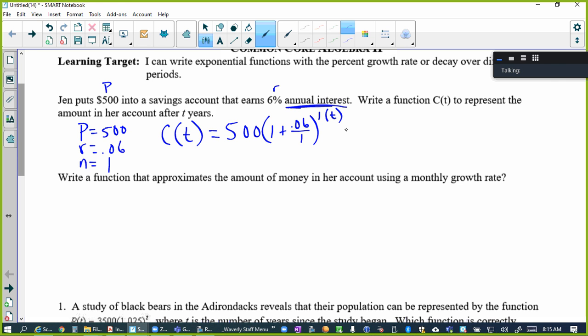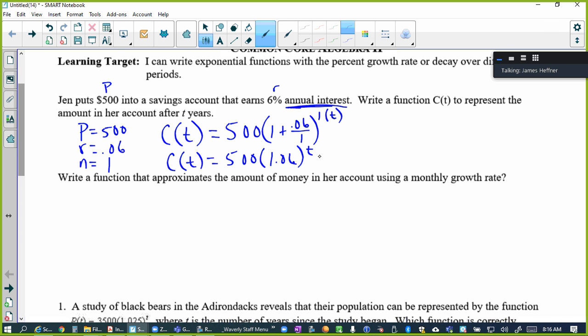All right. But you guys all understand those ones don't really affect anything, right? So we can simplify this, couldn't we? C of t is just 500 times 1.06 to the t. Okay? So it's only compounded once per year.